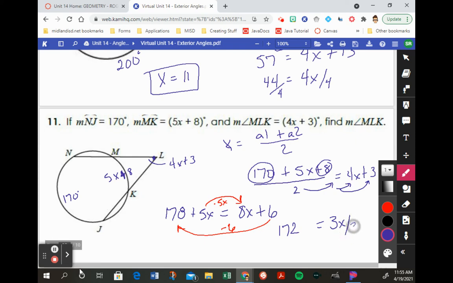Then I just divide by 3, and x is equal to 54. Okay, I think that's right. Let me check on my handy dandy calculator here.